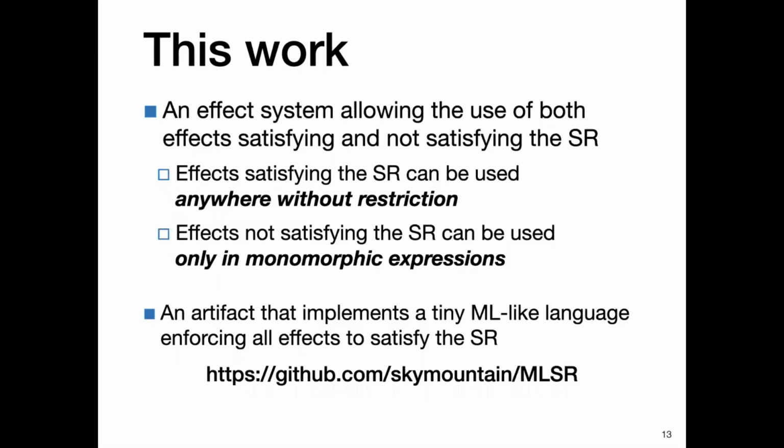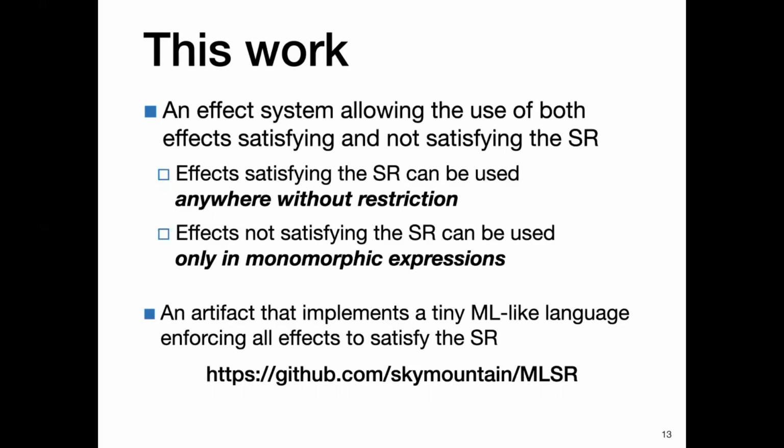More precisely, in this effect system, effects that satisfy the signature restriction can be used anywhere without restriction, but if effects don't satisfy the signature restriction, then they can be used only in monomorphic expressions.